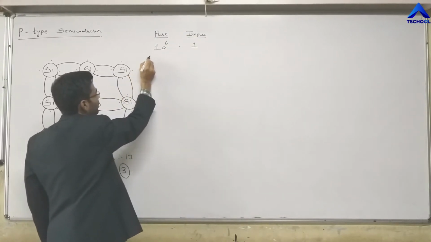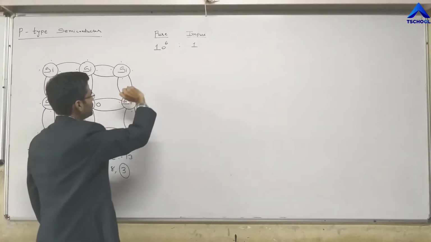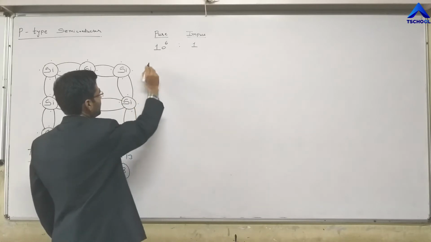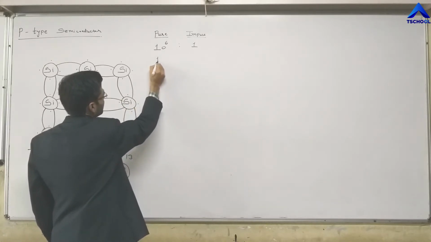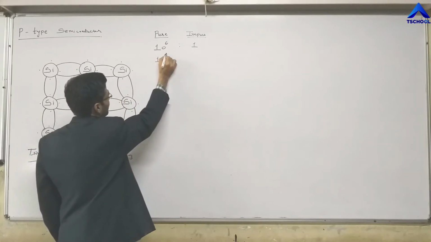For 1 mole, the Avogadro number is 6.023 into 10²³. We neglect the number and only take the power, 10 power 23.